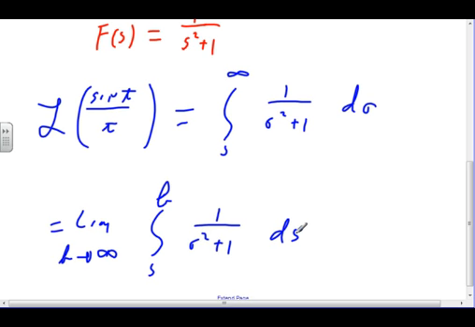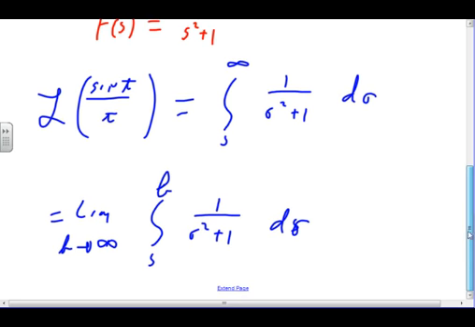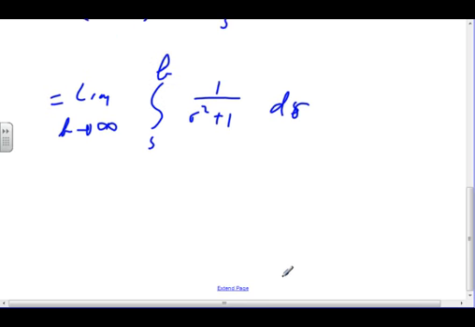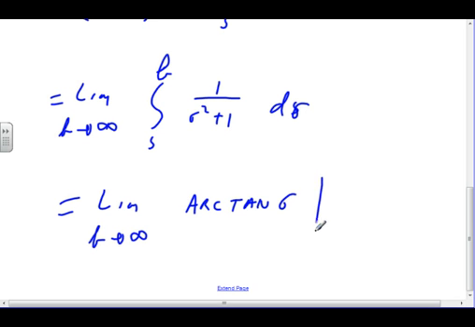I recognize that as the arc tangent function, is it not? So I got the limit as b goes to infinity of arc tangent sigma evaluated from s to infinity.